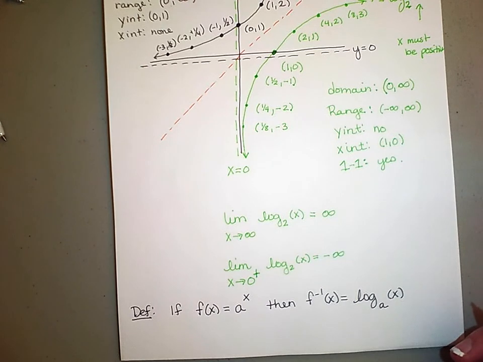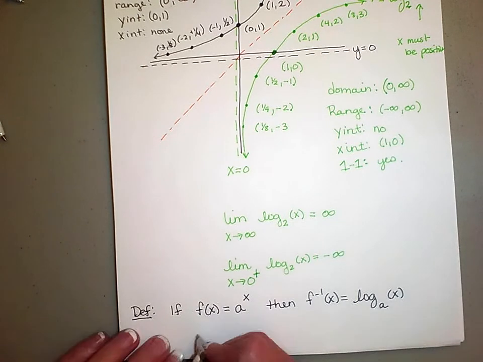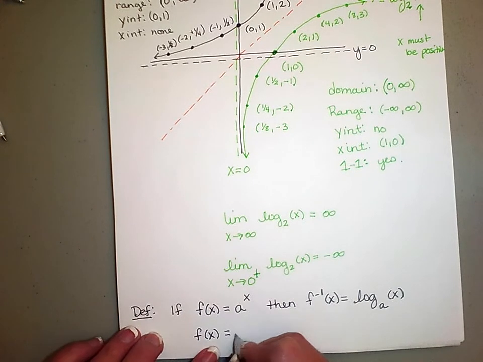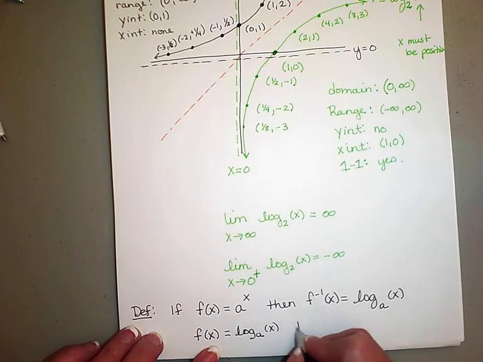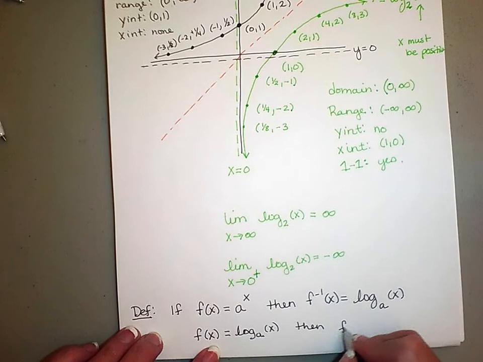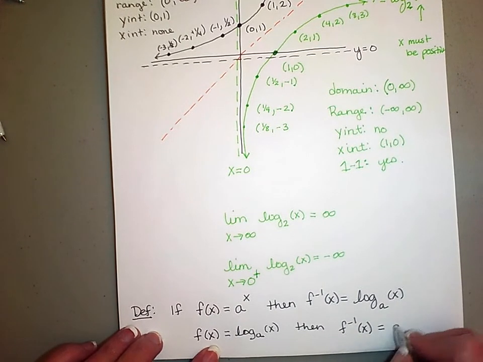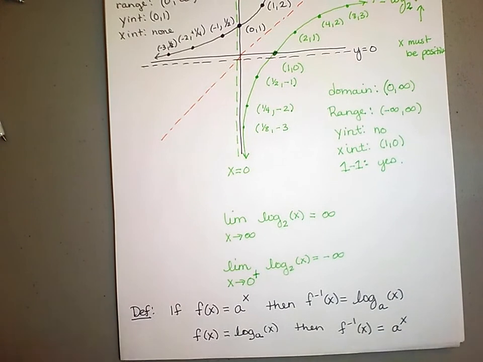And vice versa. If your function is log base a of x, then the inverse, that is, what will undo it, is a to the x. So they are inverses of one another. We'll have to be comfortable with those.